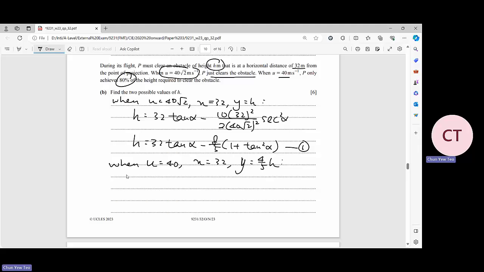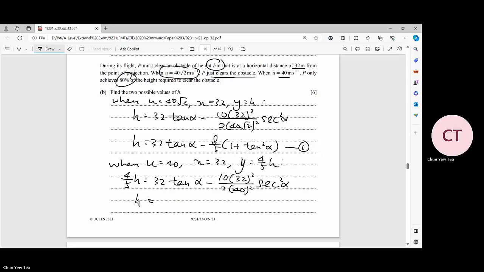Just change it, the y become 4 over 5 h equals to 32 tangent alpha minus the 8 over 5. No, this one not 8 over 5. 10 x square over 2u square.